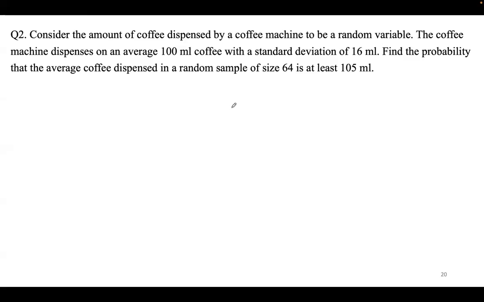Find the probability that the average coffee dispensed in a sample size of 64 is at least 105 mL. How do I go about it? It's the exact same question as before. What values do I plug in where? Can any of you unmute yourselves and walk through this with me?